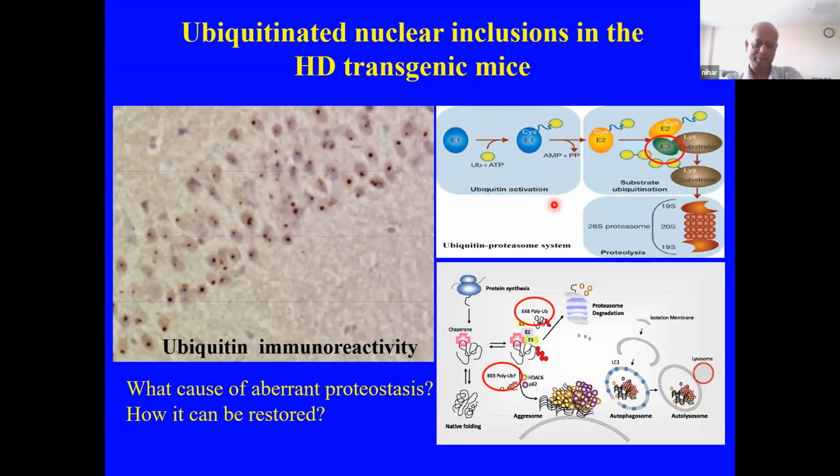I'll talk about this system in a moment, but just think about it: if cells are trying hard to target these proteins to eliminate them, then why are these abnormal proteins accumulated, right? You might have that question. So there is a classic study that has been done. Even if you think about the cell model that I have shown earlier, we have done it there also.